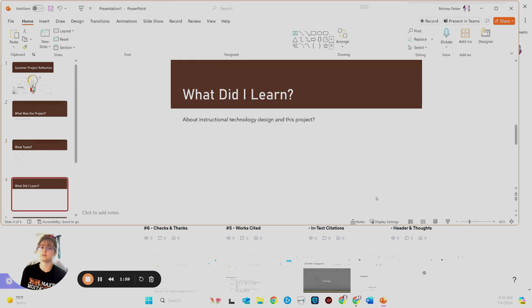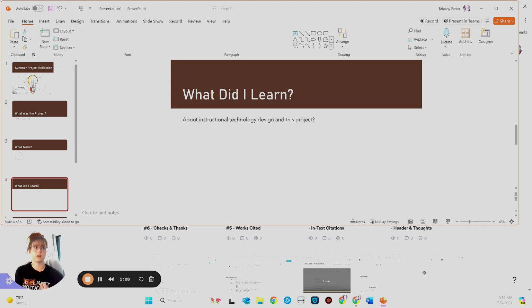Now, what did I learn about instructional technology and design in this project? Due to being a former employee of the ITRC, I wasn't particularly introduced to anything new. What I was most excited about exploring was the admin side of Canvas, which I discovered was very similar, if not easier, to use once I learned how to use it.